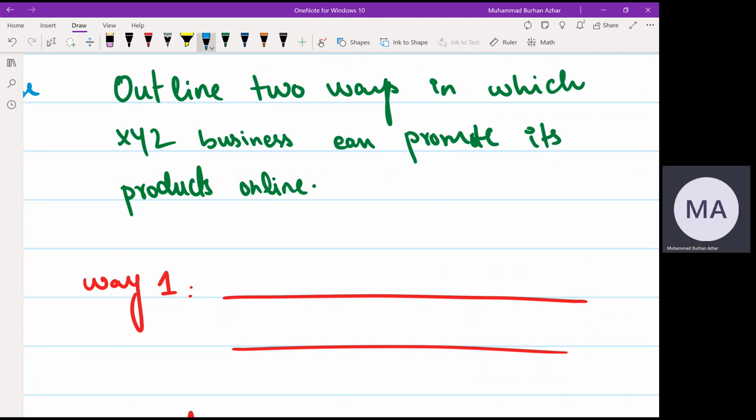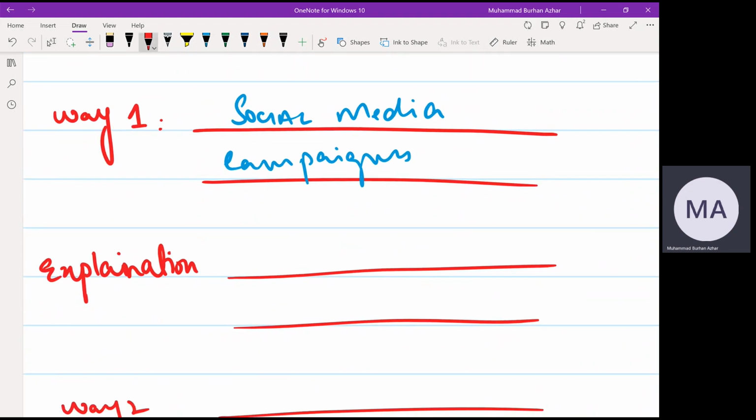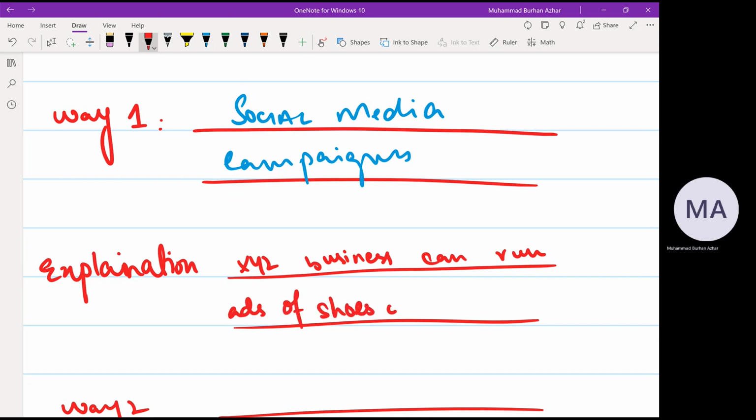Application mark कहाँ होगा? जहाँ पे I'll explain कि XYZ business किस तरह कर सकता है और knowledge point किधर है कि how a business can promote its products online. So I'll just write social media campaigns, right? और मैं यहाँ पे कह सकता हूँ कि if XYZ business is selling shoes, so I can say कि XYZ business can run ads of shoes on Facebook या Instagram to reach a wider audience.